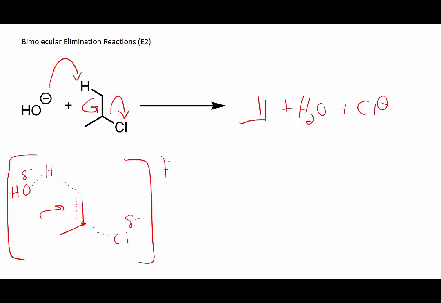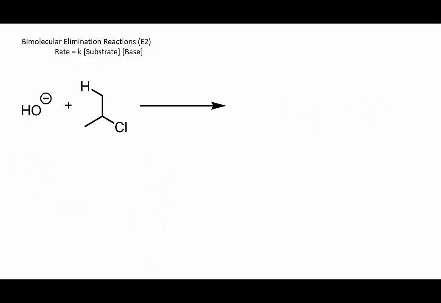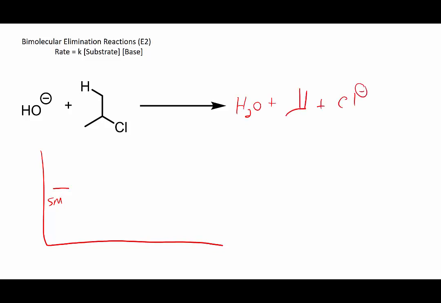So we can draw a reaction coordinate diagram for this as well, where we begin with our starting materials on the left. Draw on the products real quick. We've got water and our alkene and our chloride. The products are going to be on the bottom.